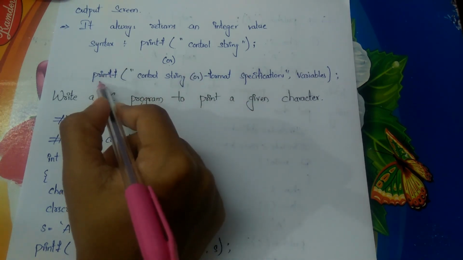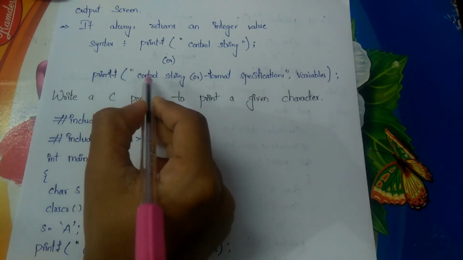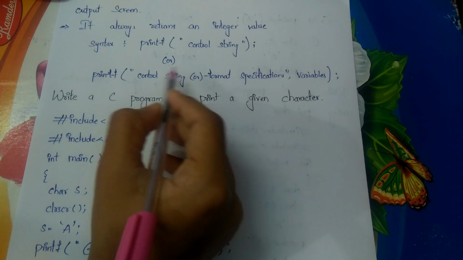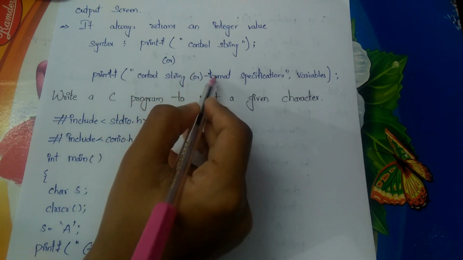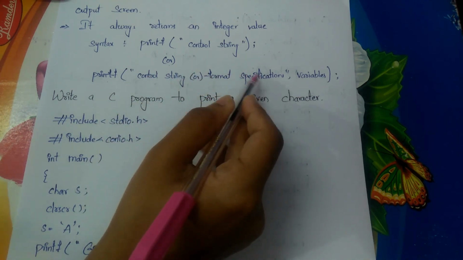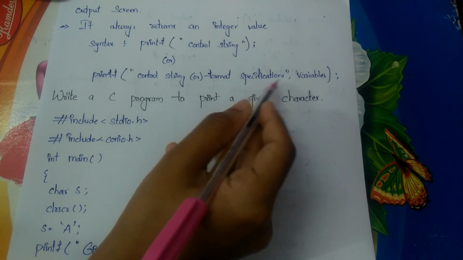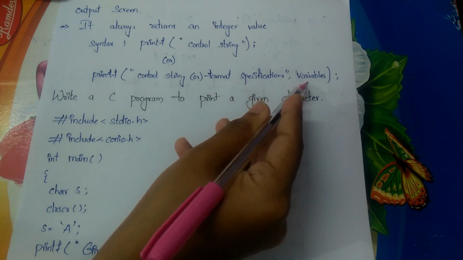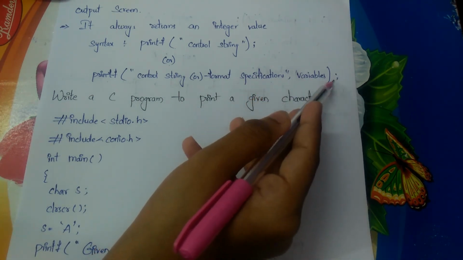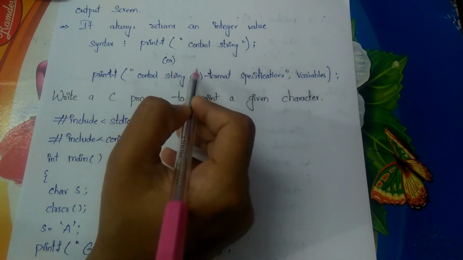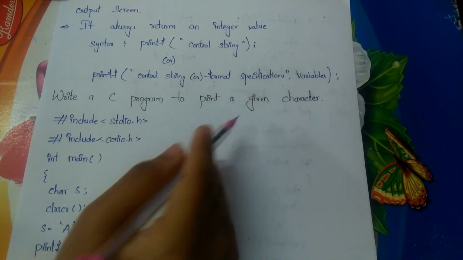So this is the second syntax. Along with the control string we can also write the format specification. When you are writing the format specification, compulsorily you need to write the variable name and end with a semicolon. So these are the two syntaxes for the printf.